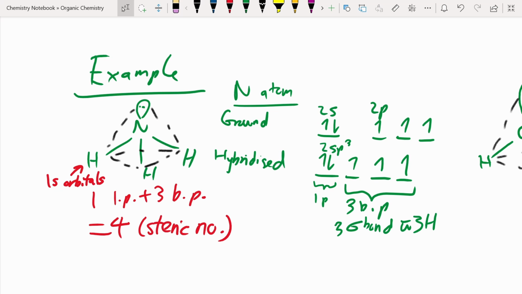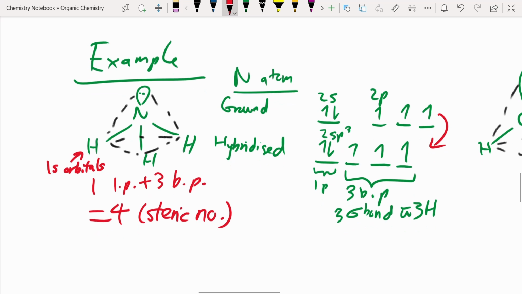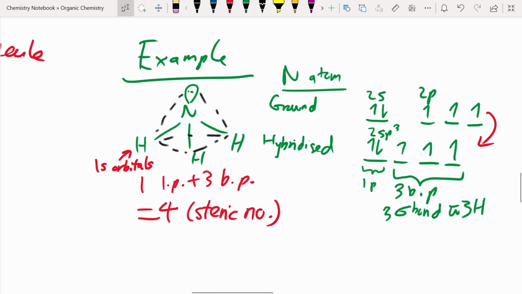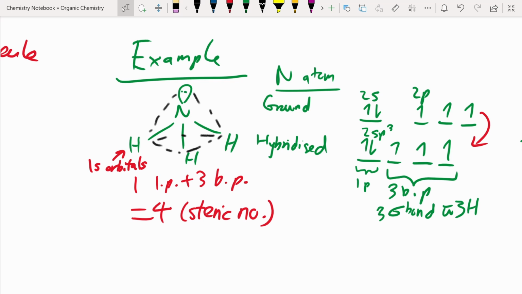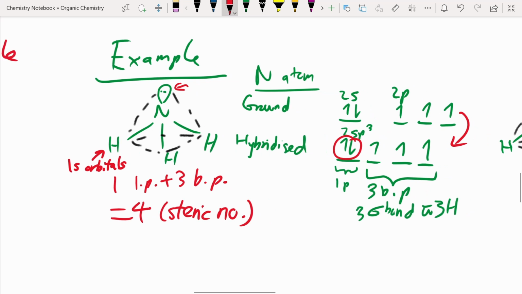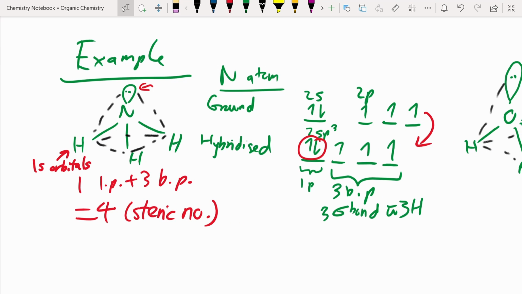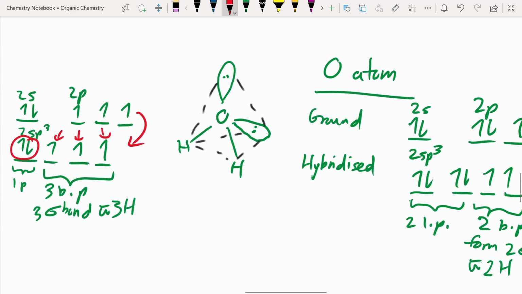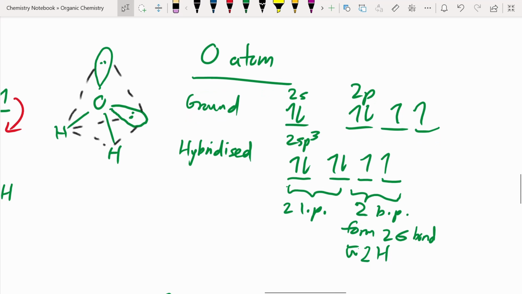We mix all 4 of these orbitals so that we can form your sp3 orbitals, and you can see there are 4 of these sp3 orbitals. This lone pair will be used here, and then there are the 3 bond pairs that we need to form. These half-filled orbitals will be used to form 3 sigma bonds with your 3 hydrogen atoms.